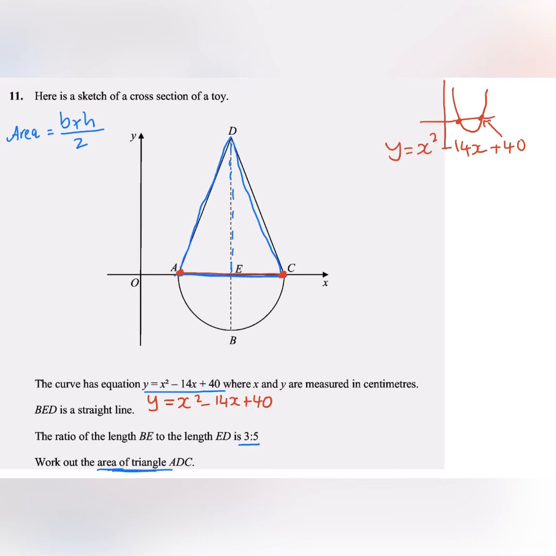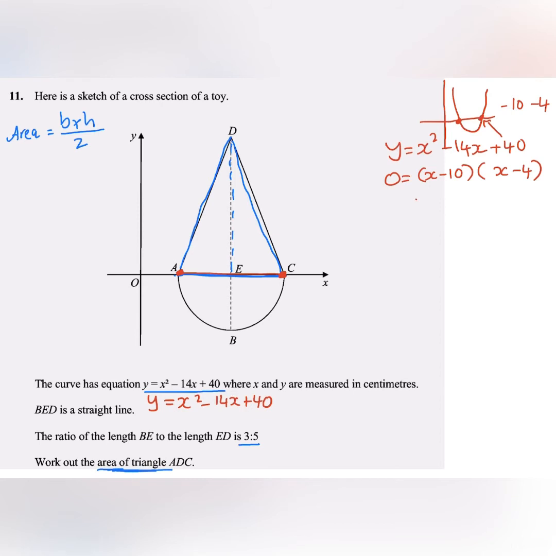Okay, so when we factorize this quadratic, it goes into two brackets. So we need two numbers that multiply to make 40, 10 and 4, and add together to make negative 14. So the numbers have to be negative 10 and negative 4. So x minus 10, x minus 4.